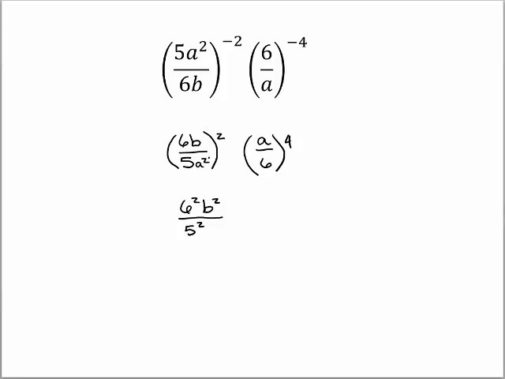What is a squared raised to the squared? What do we do when we raise an exponent to an exponent? Multiply them, right. So this will become a to the 4th. Don't let that trip you up. Okay, we're still multiplying. We've got a to the 4th over 6 to the 4th.